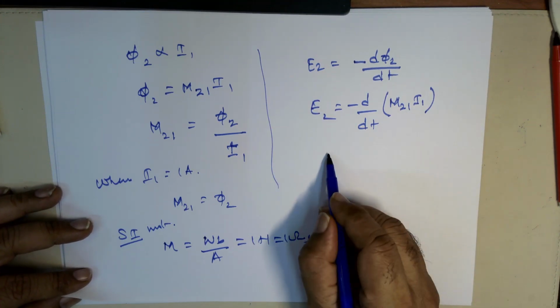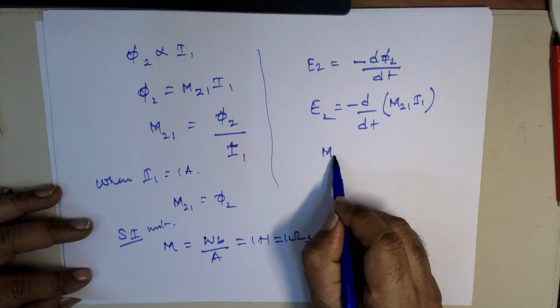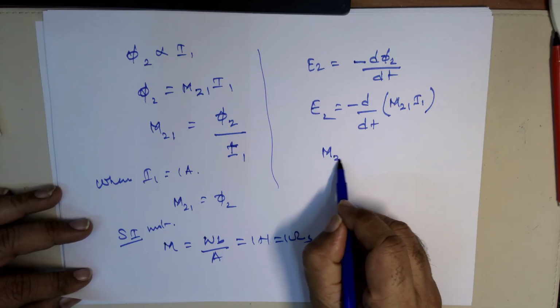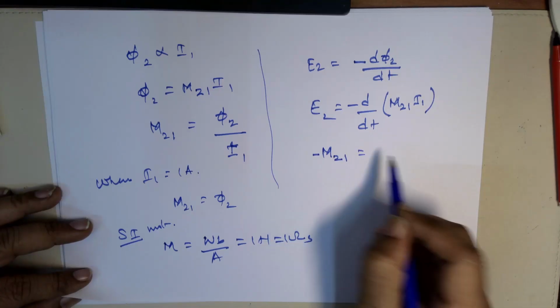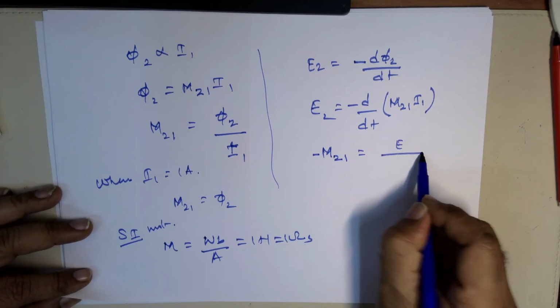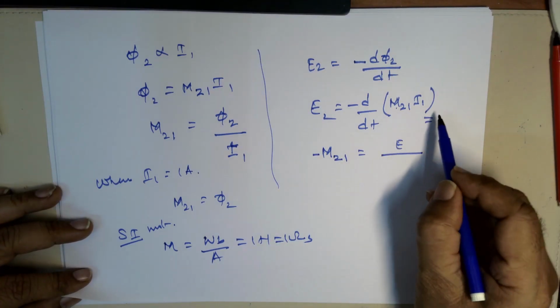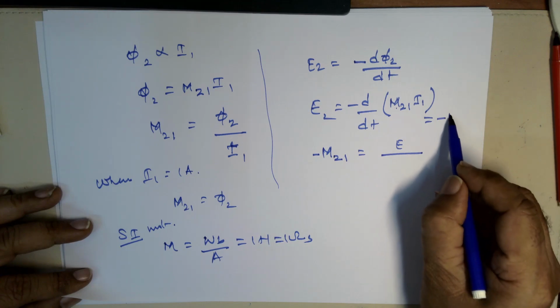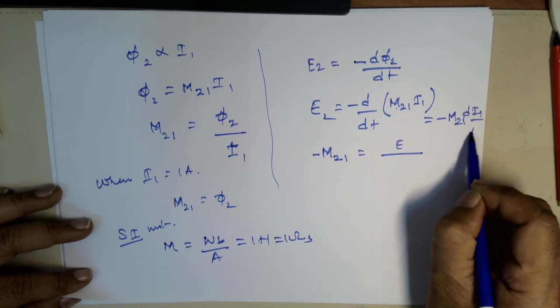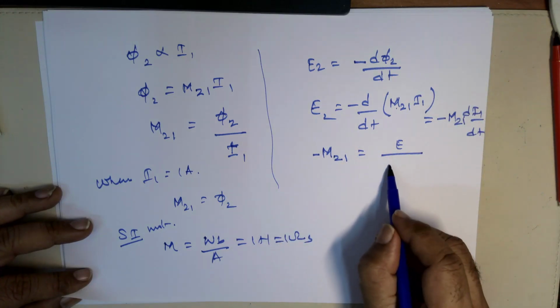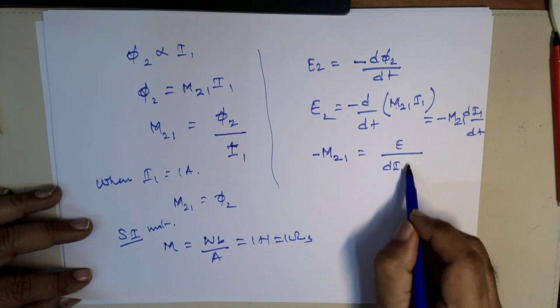So from this we can find out M21 also. So M21 is equal to what? E divided by di1 by dt. And M21 being constant, you can put it like this, minus M21 into di1 divided by dt. You can bring this here.